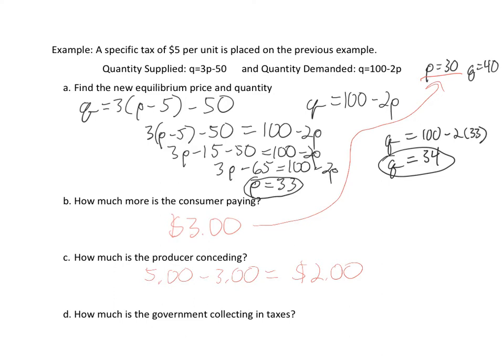So how much is the government collecting? Well, they're getting $5 for each unit, so they're going to collect $5 times the new quantity, 34 units being sold. So the government is actually collecting $140.